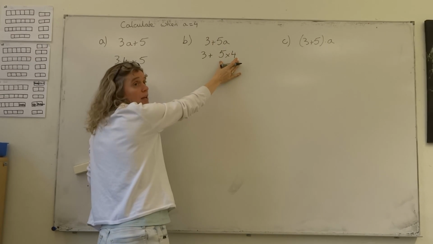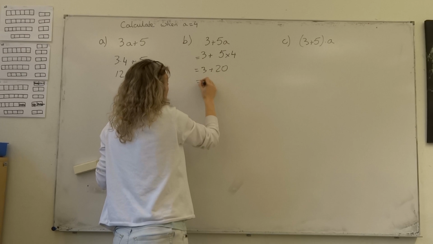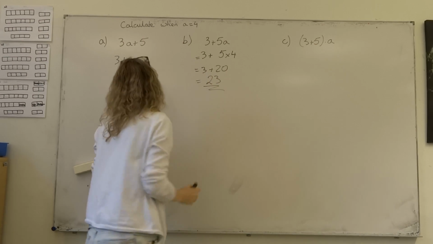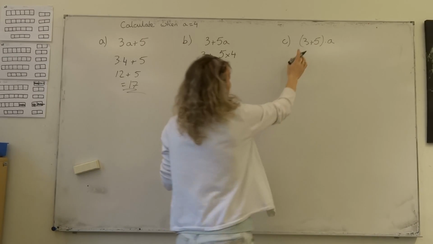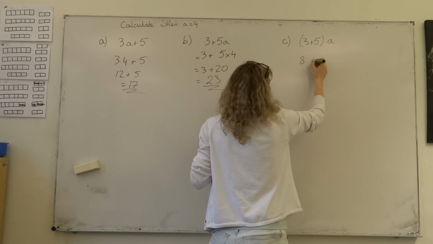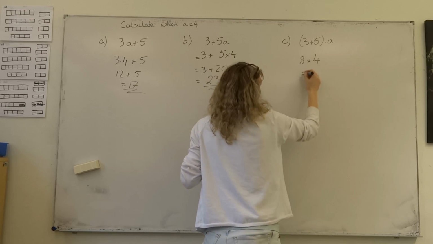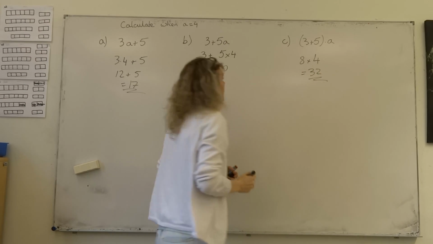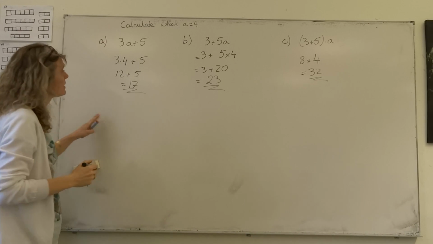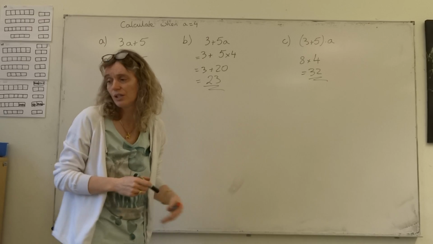Multiply before addition, so we get 3 plus 20 equals 23. And for C, 3 plus 5 times a, it's 8 times a, which we know, replace a with 4. 8 fours are 32. So the equations look very similar, but very, very different answers. 17, 23, 32.